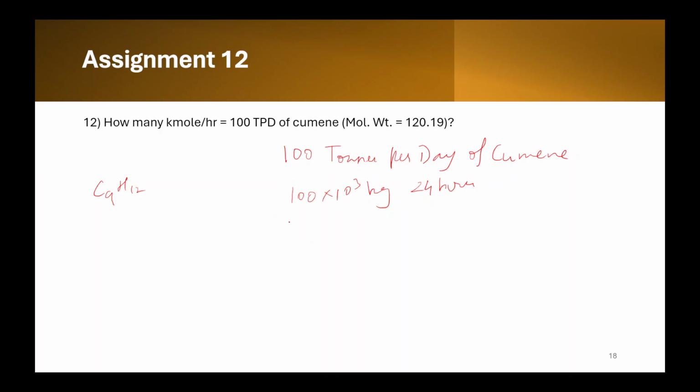So basically 100 into 10 to power 3 divided by 24 into 120.19.